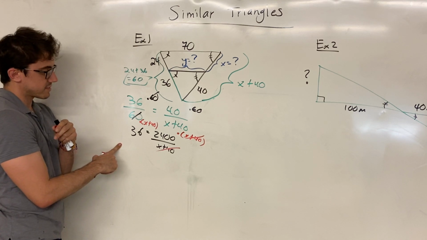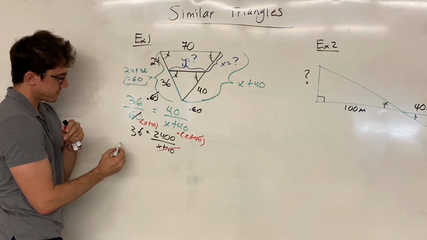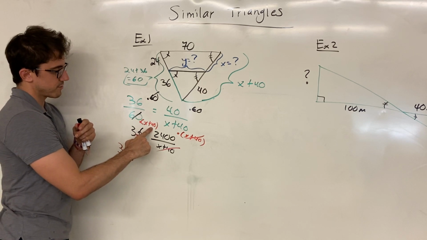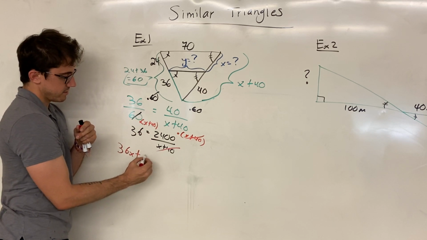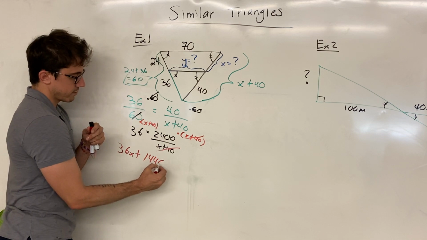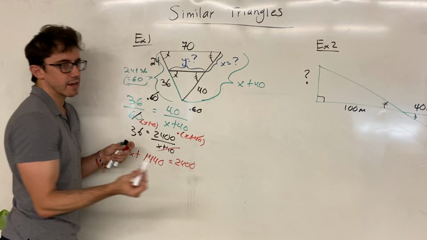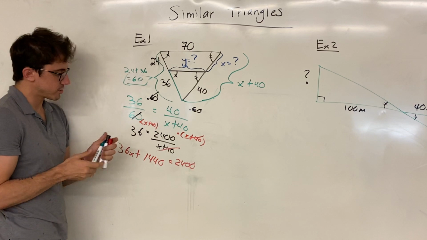And on the left side, we have 36 times x, and so 36x plus 36 times 40, that is 1440, is equal to 2400, and now we're back to our basic grade 7 algebra.